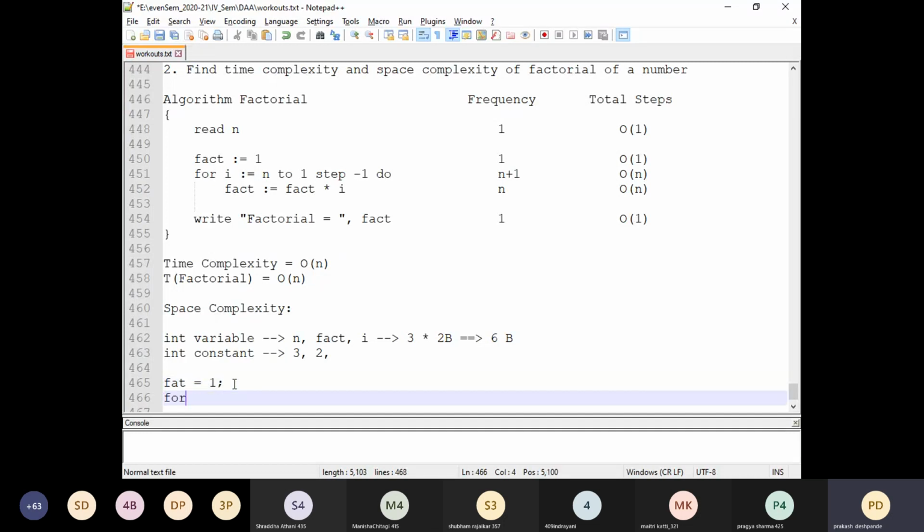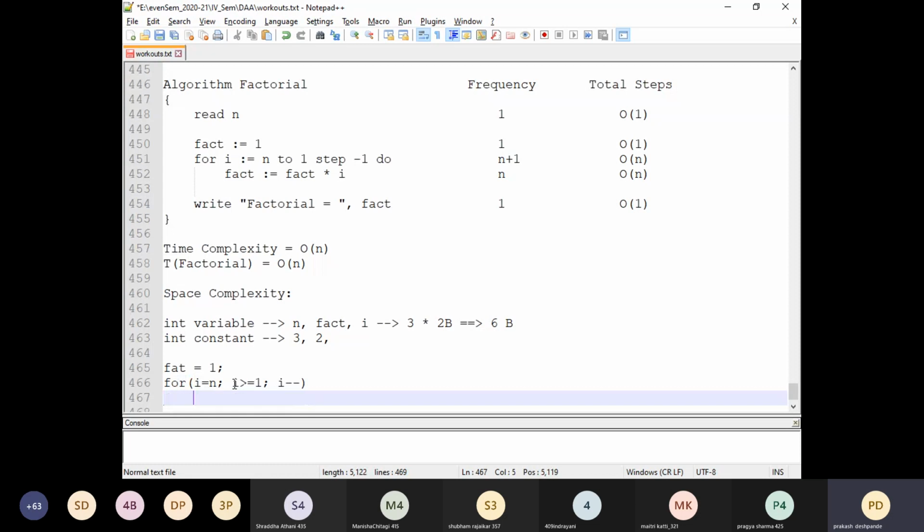Then the next one is for I equals to n, I greater than or equals to 1, I minus minus, and then here we have fact equals to fact into I.